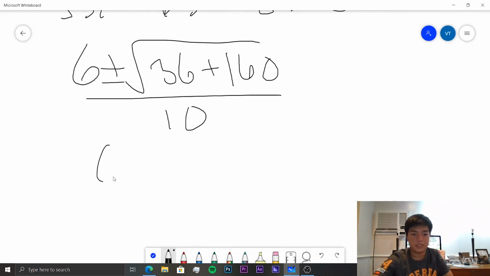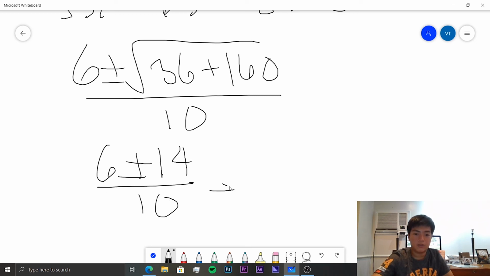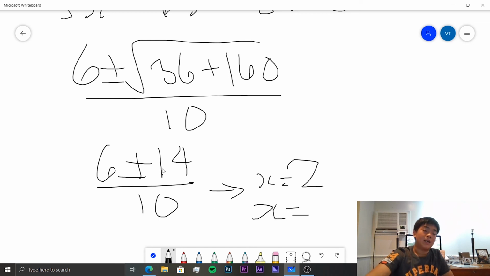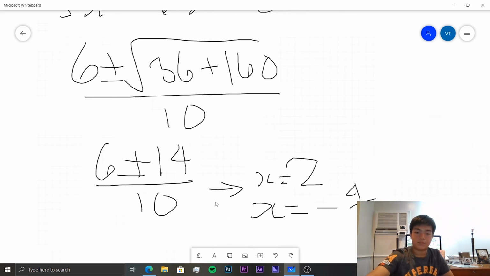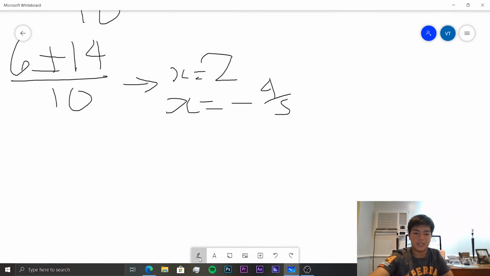And so this is 6 plus or minus the square root of 196, which is 14, over 10. So this would be either x equals 2, or 6 minus 14 gives x equal to negative 8 over 10, negative 4/5. So now we want to do a sign test.